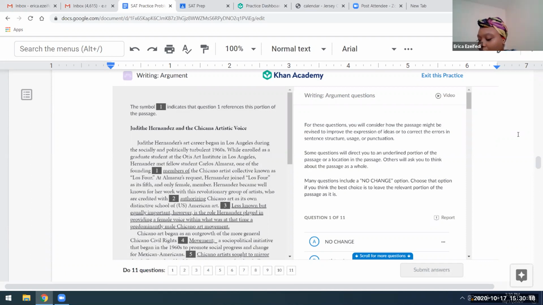So without further ado, I'm going to give you 10 minutes. Actually, we're going to come back at 3:40. I'm going to give you a few minutes to read this and answer questions as you can. If you have to go slow, it's better to go slow at first and practice and then get faster than go fast and miss a whole bunch of questions. So we will come back at 3:40.